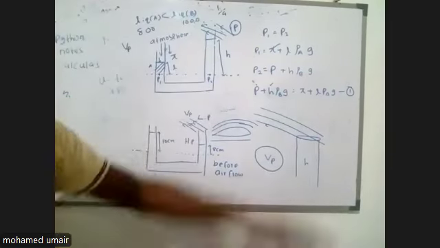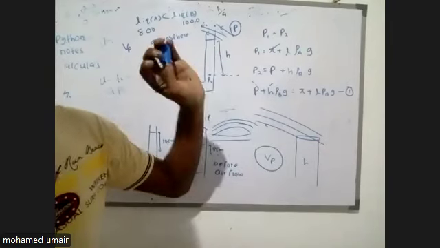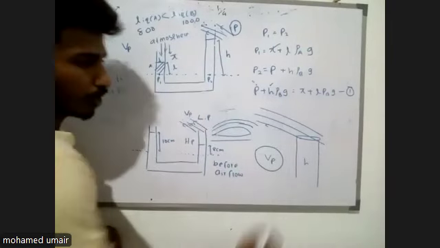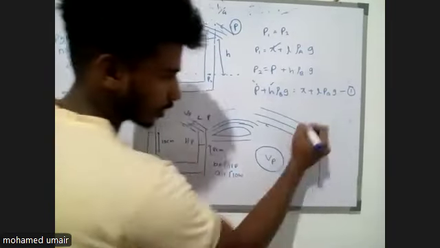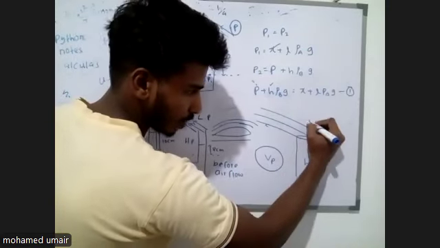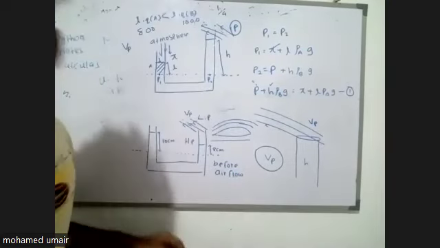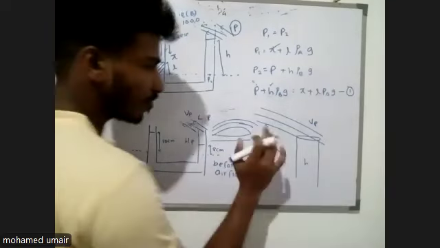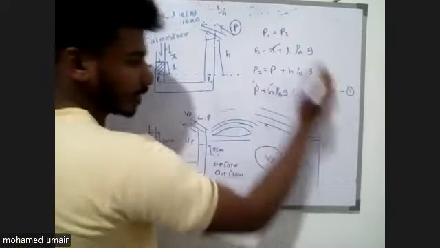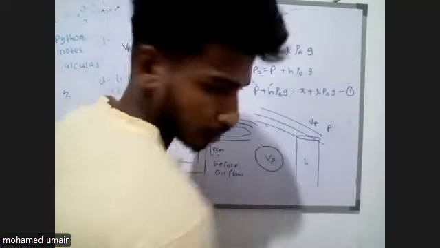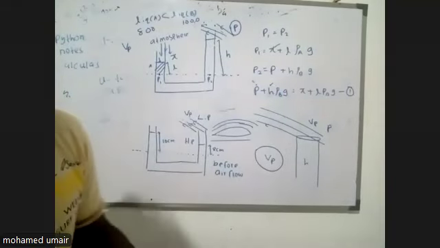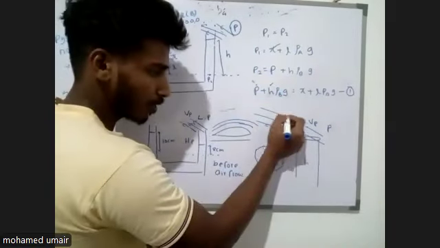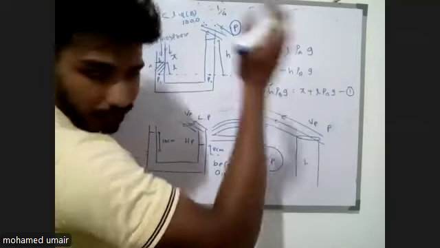The air keeps on flowing. See here, the velocity at this point is Vp, and we have defined that the pressure is P. Now this air keeps on flowing.